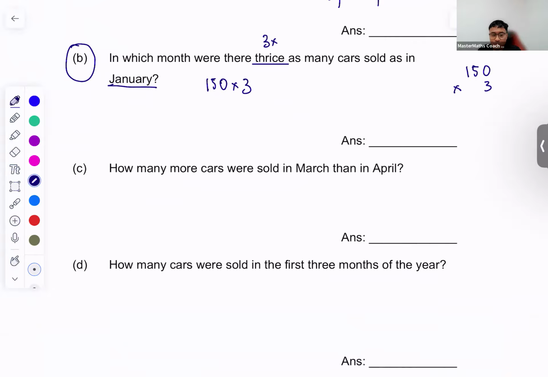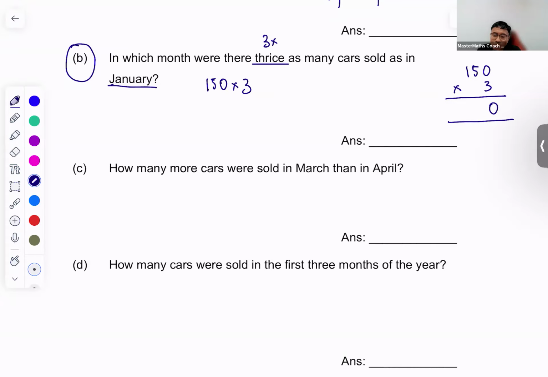On your paper, I want you to draw the same thing. Okay, then we do 0 times 3. This gives us 0. And then we'll do 5 times 3. What's 5 times 3? 15.